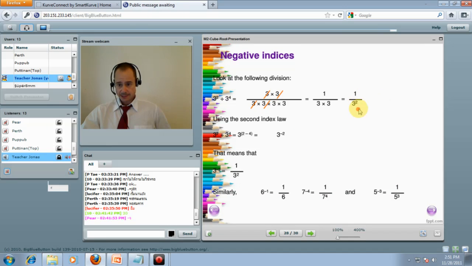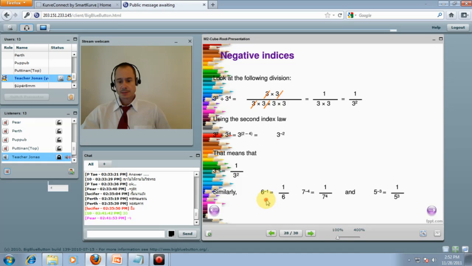And that means that the 3 to the power of 2 will be in the denominator. So when it's minus 2, it's in the denominator. So 3 to the power of minus 2 is the same as 1 divided by 3 to the power of 2.